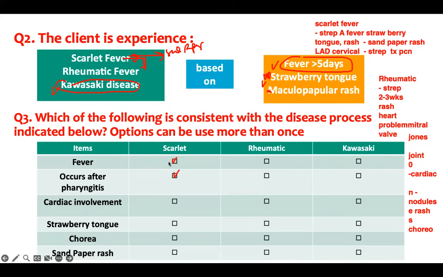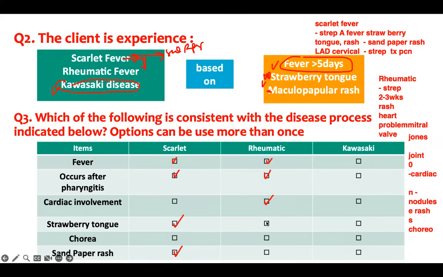Cardiac involvement, there's no scarlet. Cardiac involvement in scarlet fever. Strawberry tongue, yes. Chorea, they don't have chorea movement like a snake, no. Sandpaper rash, yes. Rheumatic fever, of course, you have to have fever. You have to have sore throat. It's a cardiac involvement.